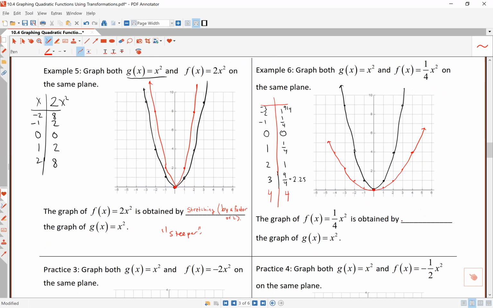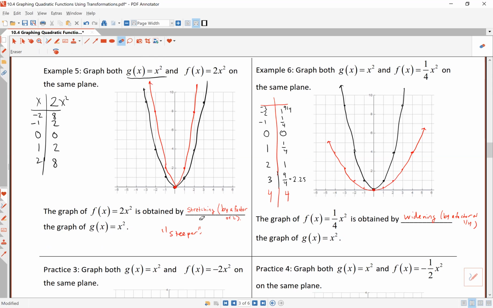I say the graph of f of x equals 1/4 x squared is obtained by widening the graph of g of x equals x squared by a factor of 1/4. So the graph of f of x equals 2x squared is obtained by making the graph go steeper, and 1/4 x squared is obtained by widening.